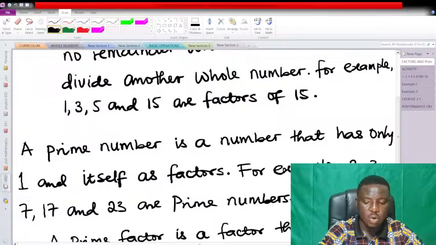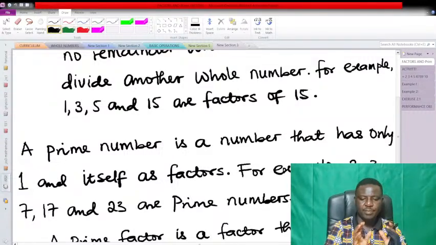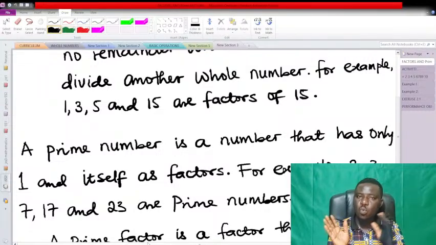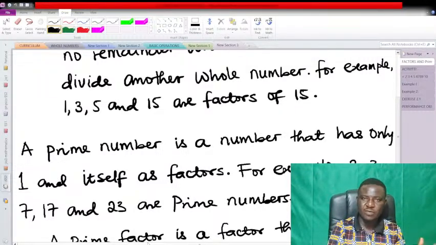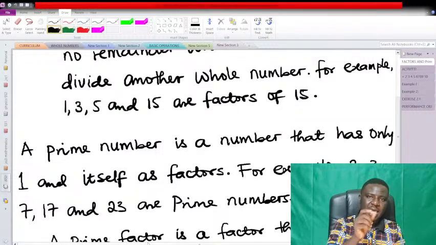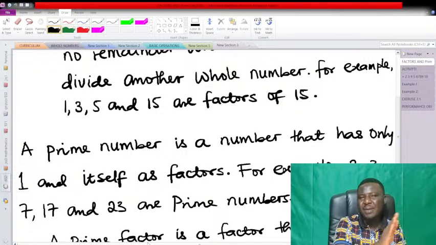Now, I said a prime number is a number that has only 2 factors, 1 and itself. What that means is any number that can only be divided by 1 and itself is said to be a prime number.